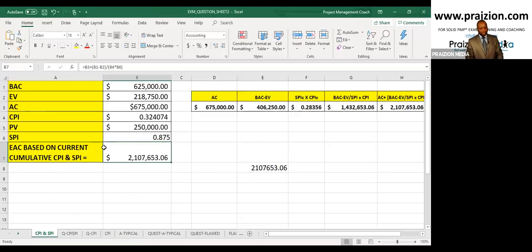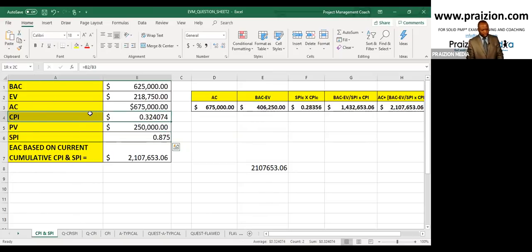If you plug in all the numbers, you're going to get BAC minus EV as 406,000. Your AC, we already determined, is 675. SPI times CPI is going to end up being that. For SPI, as you can see over here, when we divide EV by PV, we get 0.875.